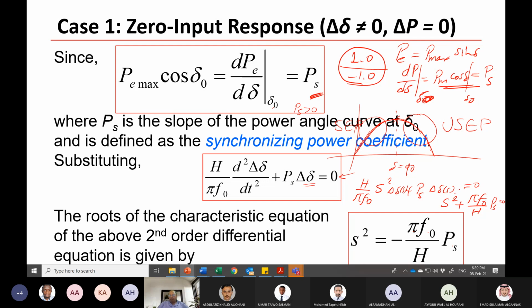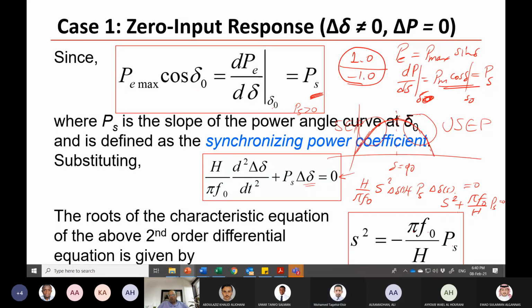Take delta of S as a common factor: H over pi F0 times S square plus BS. Of course, you can put it in the standard form by multiplying both sides by pi F0 over H. So this becomes S square, and the coefficient will be BS multiplied by pi F0 over H. So you end up with this equation. Is it clear, sir? Yes, it's clear.